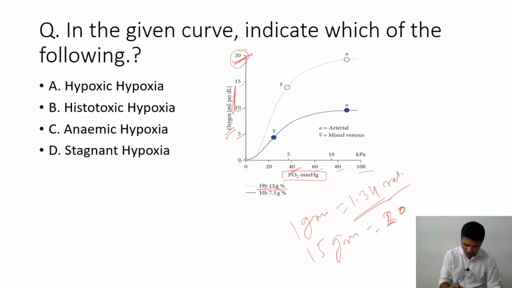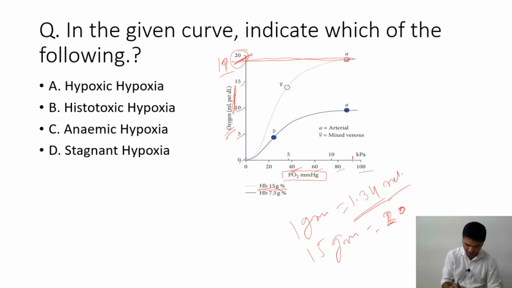The two graphs are showing: this dotted line shows saturation around 100 and oxygen content also high, around 90, in the first graph.